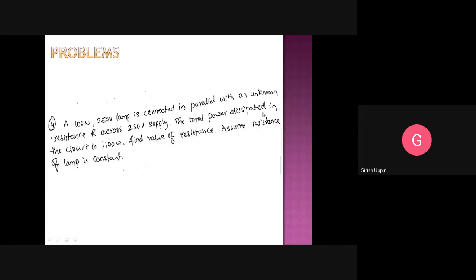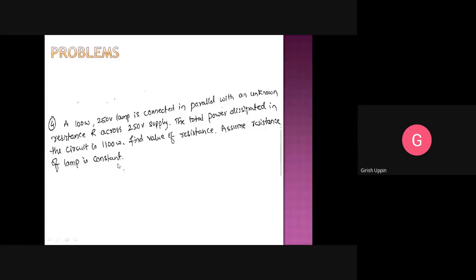The total power dissipated in the circuit is 1100 watt. Find the value of resistance. Assume resistance of lamp is constant.